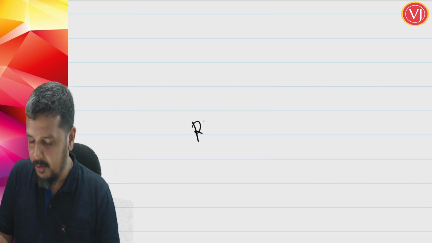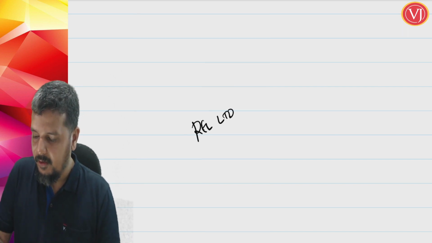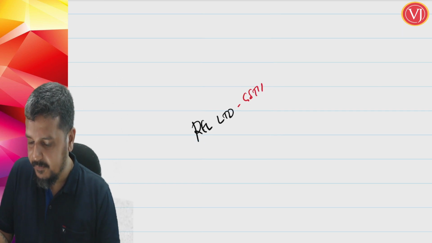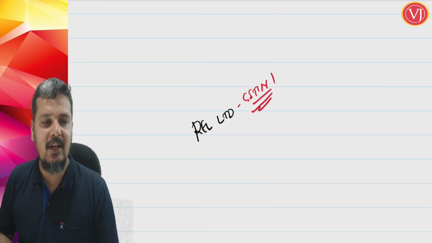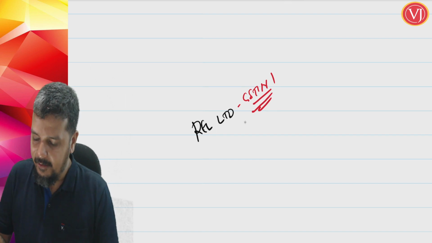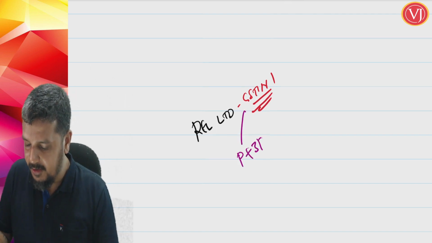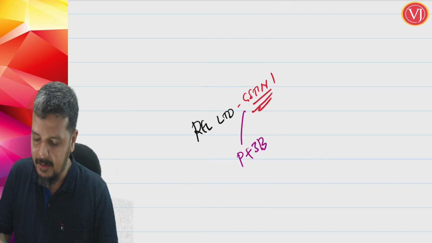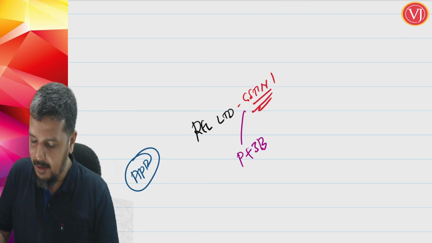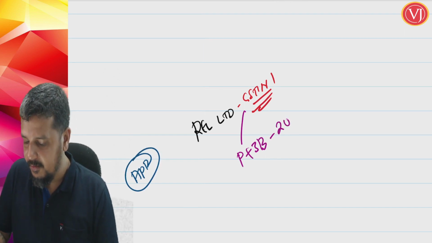Supposing you are talking about Reliance Limited, one of the GST numbers is myself, and my payment plus 3B for the month of, let us assume that we are talking entirely about the month of April, would be on 20th of May.